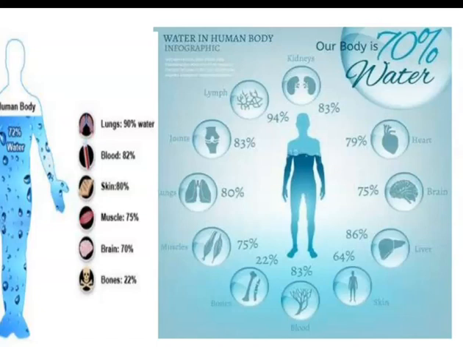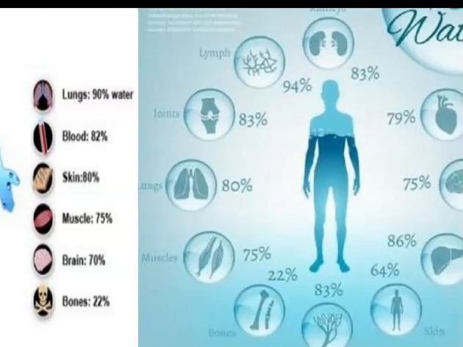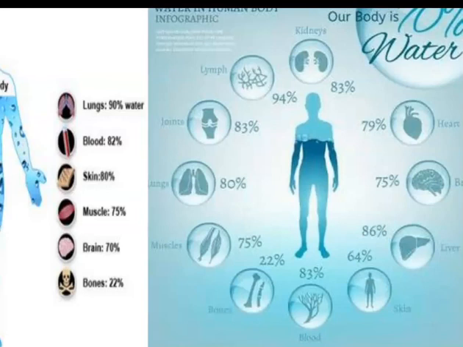83% of water is available in the kidney, 79% in the heart, 75% in the brain, 86% in the liver, 64% in the skin, 83% in the blood, 22% in the bones, 75% in the muscles, 80% in the lungs, 83% in the joints, and 94% in the lymph.